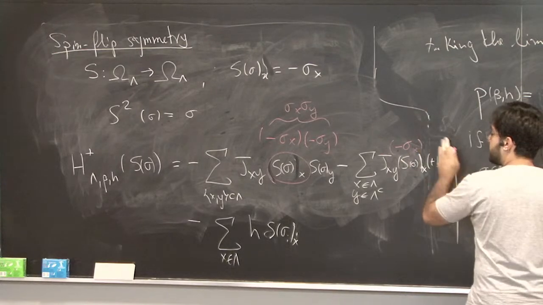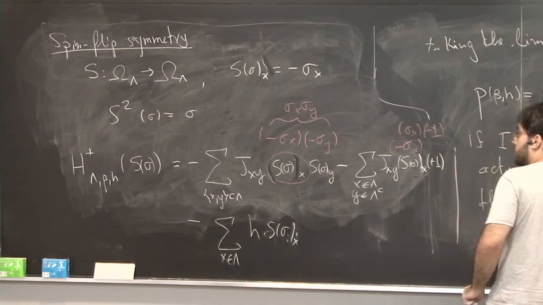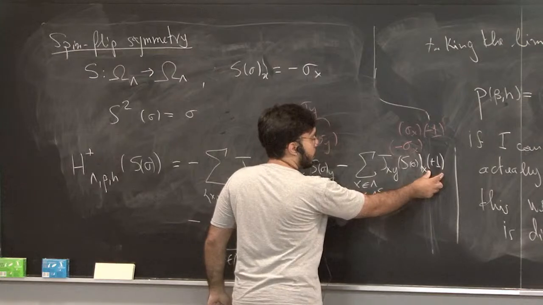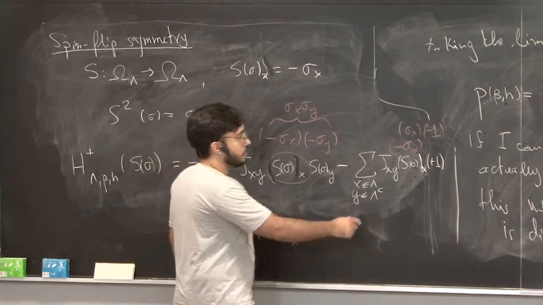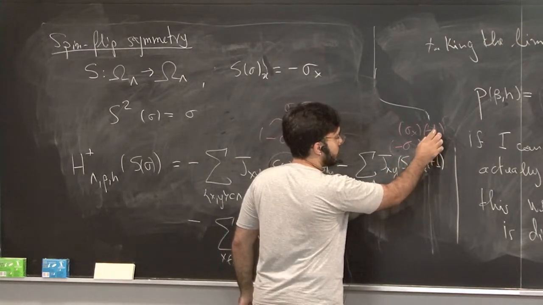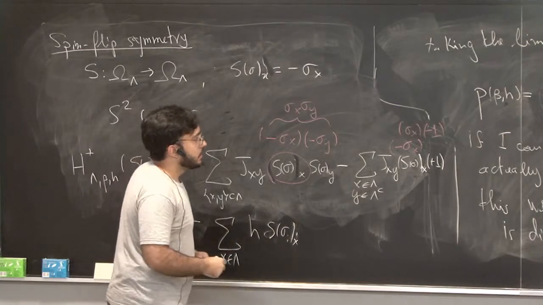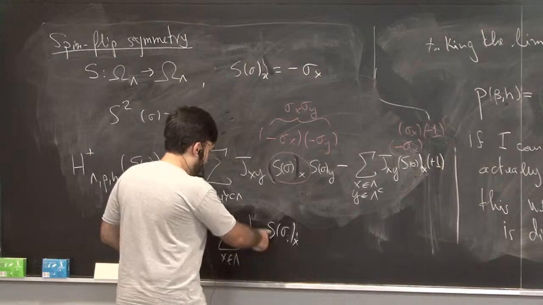So this will give me sigma x times minus 1. This plus 1 was here because of the plus boundary condition. If this becomes minus 1, then I'm changing the system to the minus boundary condition.